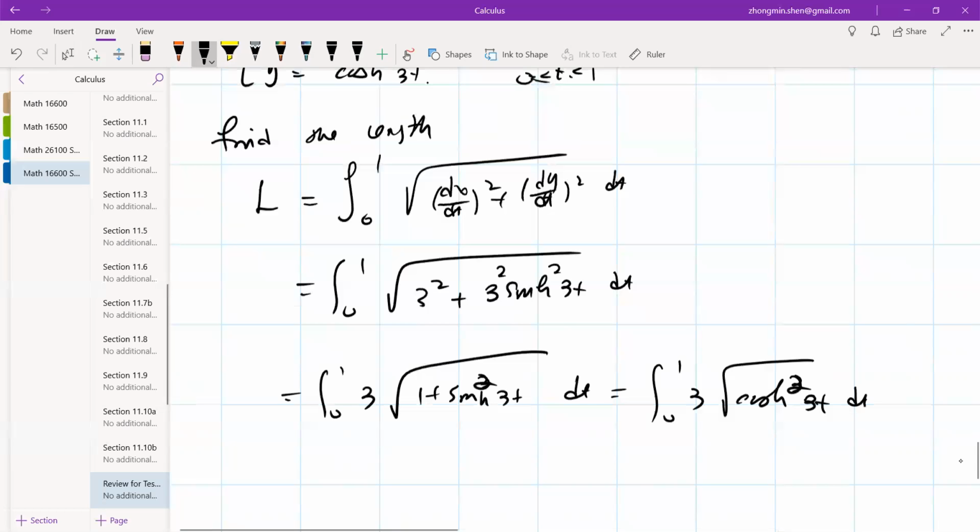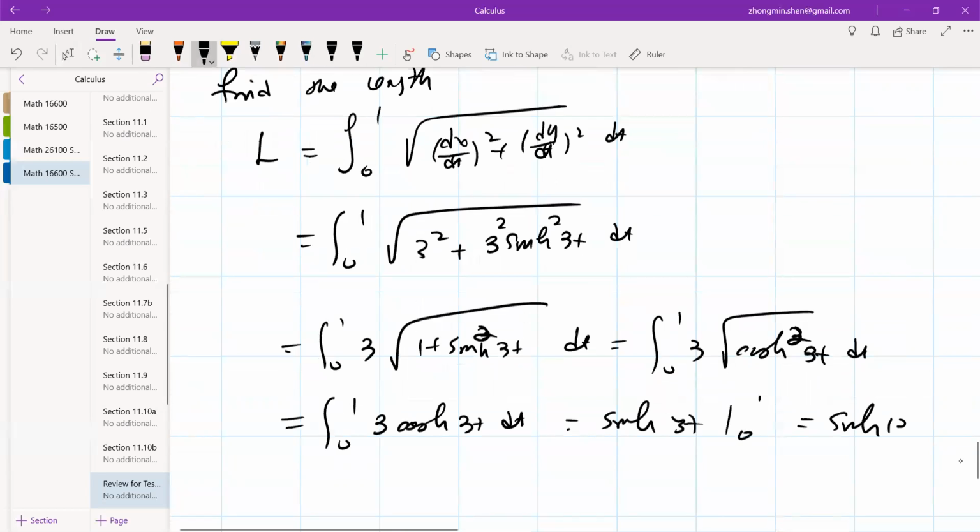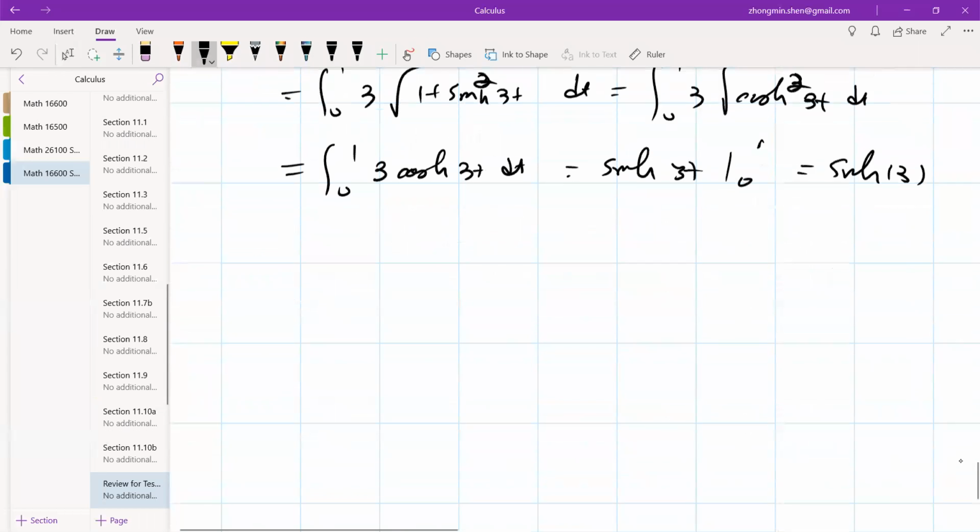And so the radical can be canceled out. The antiderivative of this is hyperbolic sine 3t, evaluated at the 2 endpoints: hyperbolic sine 3 minus hyperbolic sine 0, which is 0.